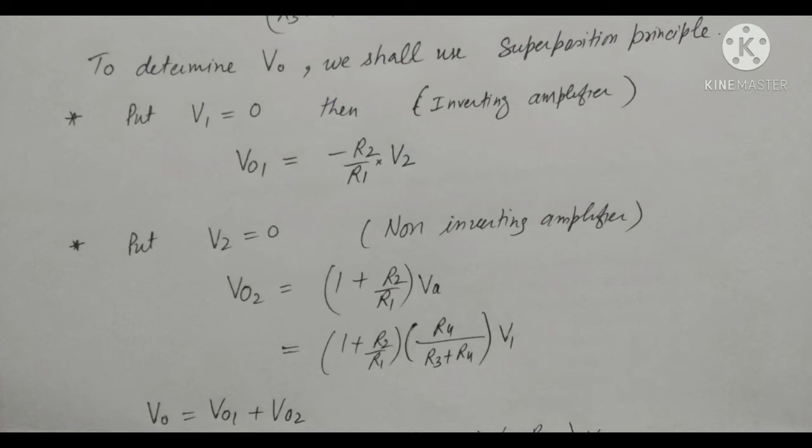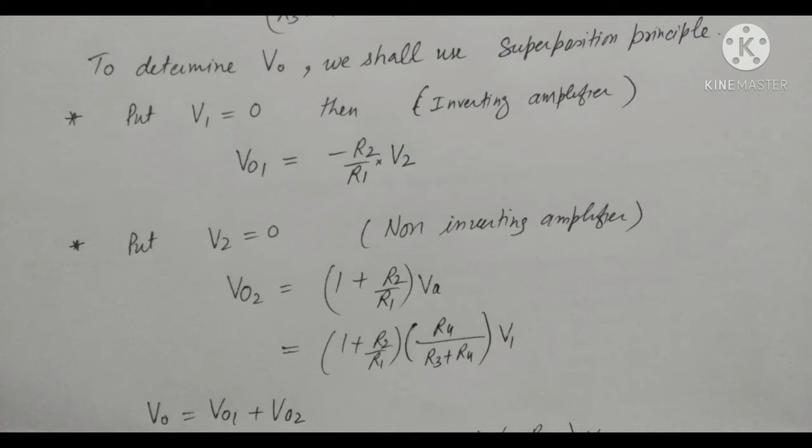In this case it becomes an inverting amplifier, so its gain is minus R2 by R1. Therefore VO1, the output due to this inverting amplifier, is equal to minus R2 by R1 into V2.